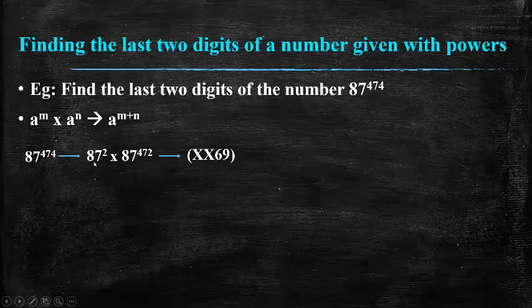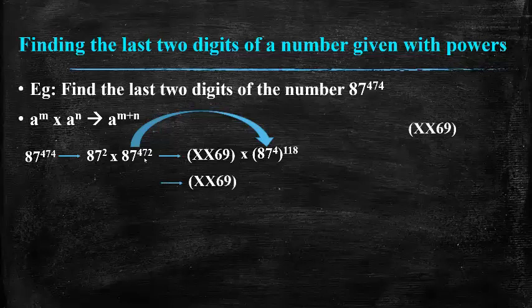Now I'm rewriting 87 power 472 as 87 power 4 the whole power 118, since 4 into 118 gives 472. 87 power 4 can be rewritten as 87 square into 87 square. 87 square has the last two digits 69. This has to be multiplied twice to get the last two digits for 87 power 4. When we simplify this, we get a value of 61.